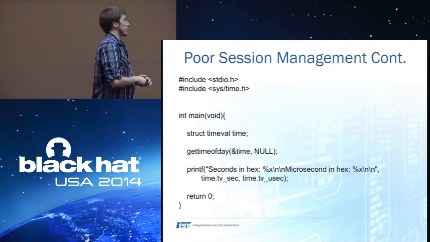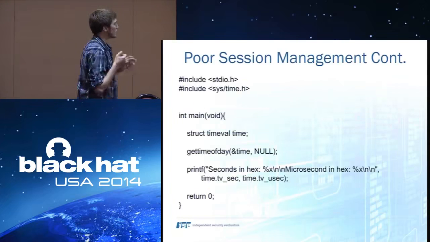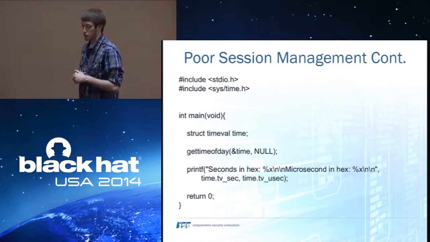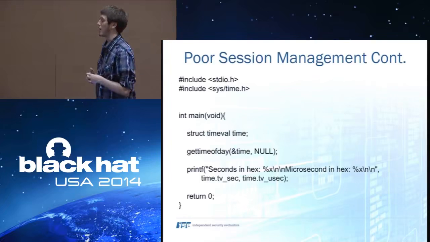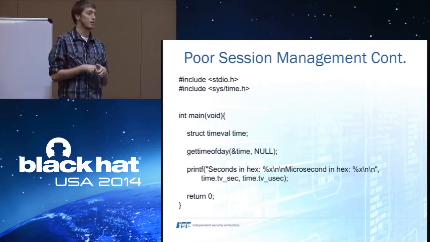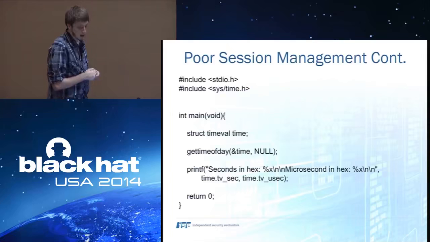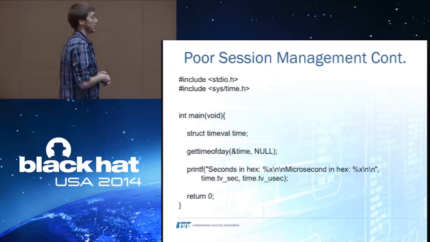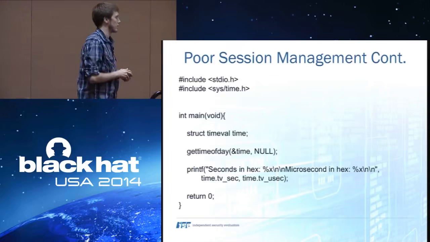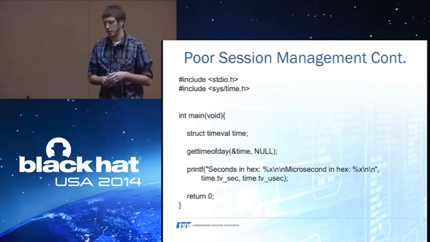So here's some very simple C code. All we're doing here is declaring a struct timeval, and we're going to use this to get access to the current time since epoch. We're then calling gettimeofday with the address of the struct and not worrying about any of the time zone specific stuff, hence the second argument NULL.